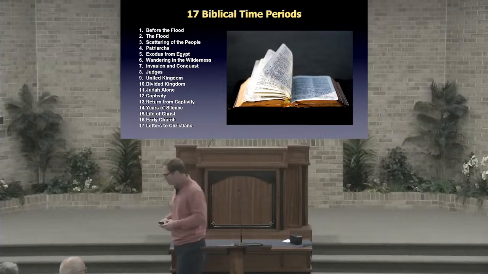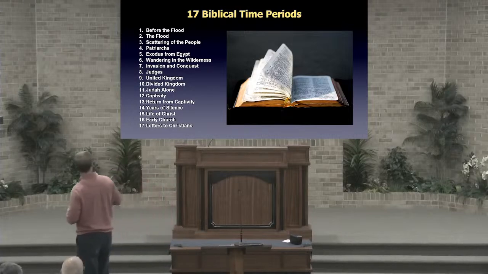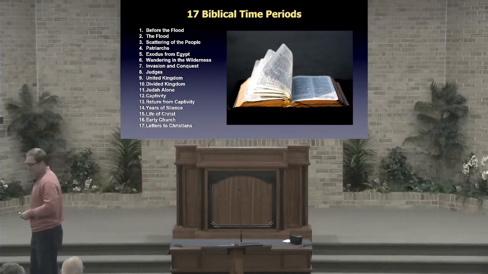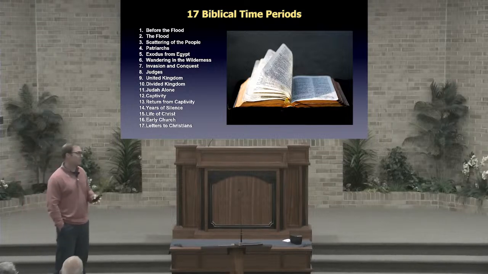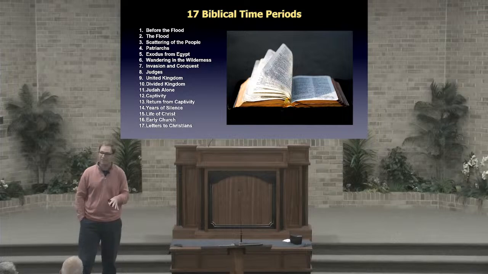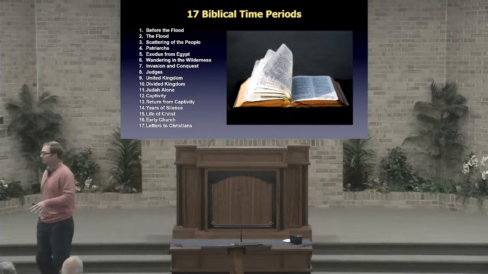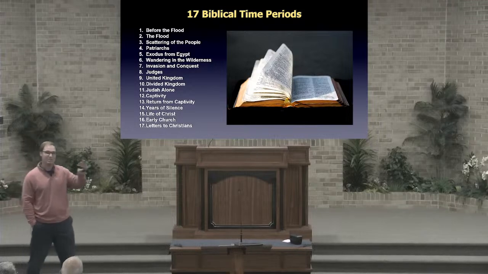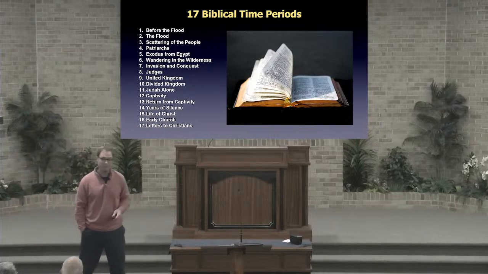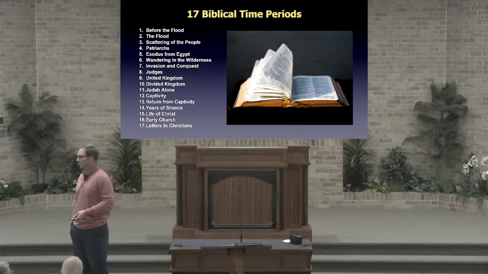The three-cycle approach to organizing the scriptures. So what does that mean? Well, the first cycle, you may recognize this, especially if you have kids that come to Bible drill. I've been going over the 17 time periods with our young kids in Bible drill for 5.5 years now. If you don't know these 17 time periods of the Bible, just ask your children. They will help you, okay?